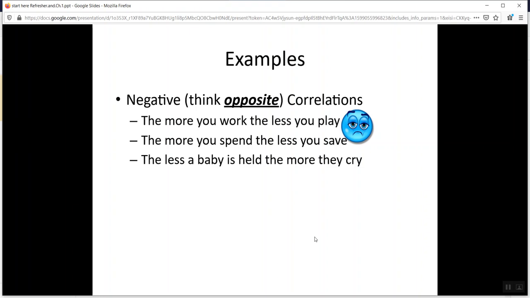And if you've ever cared for a baby with colic, you may realize that pretty much nothing you do for a baby with colic alleviates the crying. And this can be a very significant factor in parental stress that we'll talk about in the early chapters of development. So again, these are things that are related, but we are not able to show cause and effect.